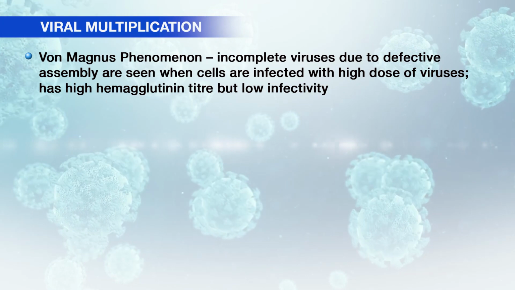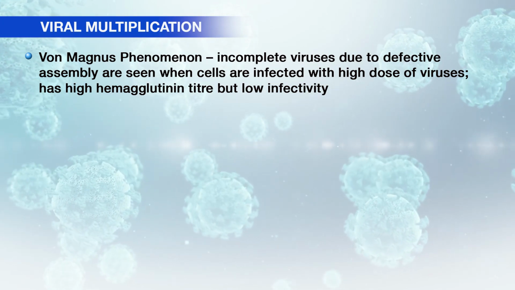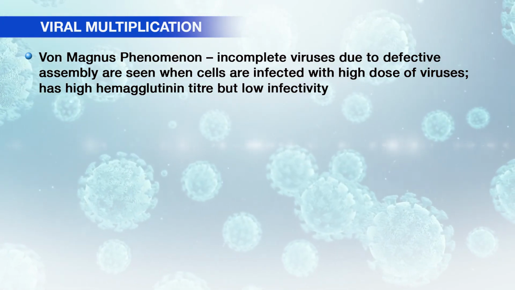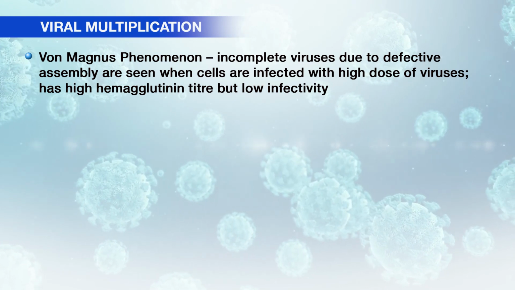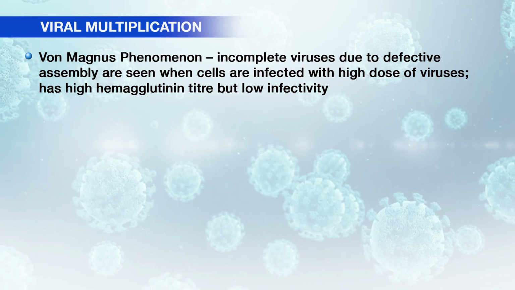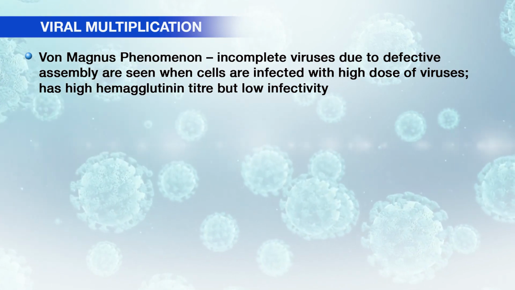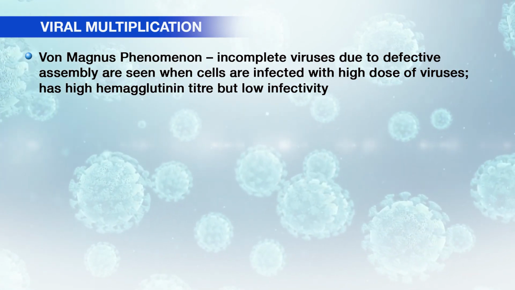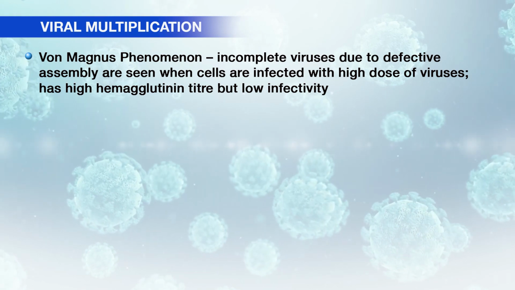Then there is the von Magnus phenomenon, which is basically an incomplete virus due to a defective assembly, and it is only seen when the cells are infected with a high dose of virus. So you see a high hemagglutinin titer but low infectivity.